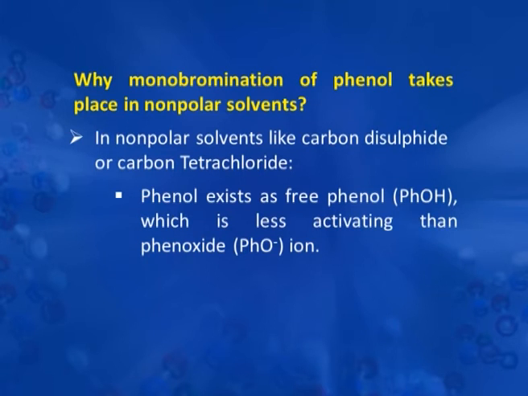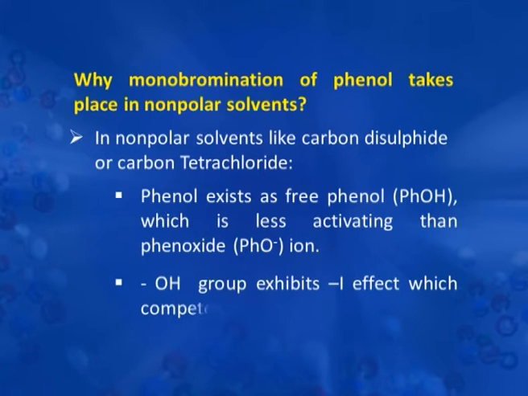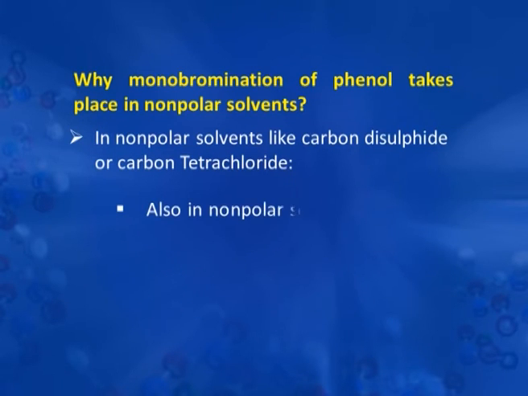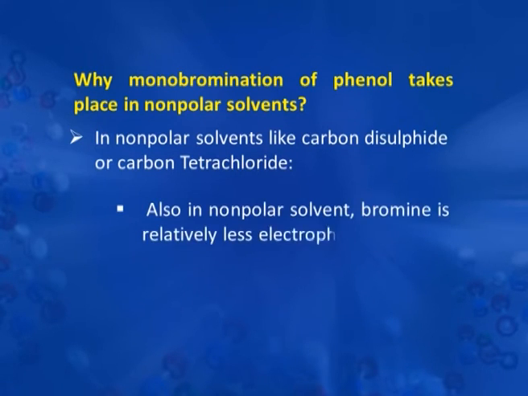Second reason is the hydroxy group or OH group exhibits minus I effect, which competes with the plus R effect of the OH group, and also in non-polar solvent the bromine is relatively less electrophilic, and that is the reason behind the monobromination of phenol in case of non-polar solvent.